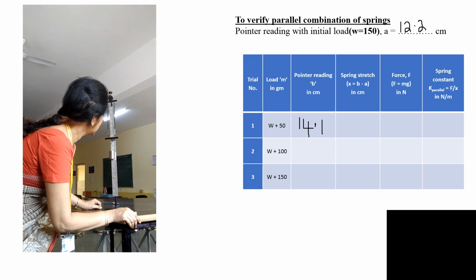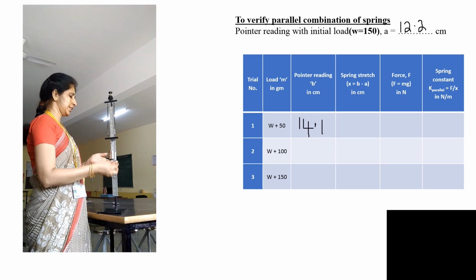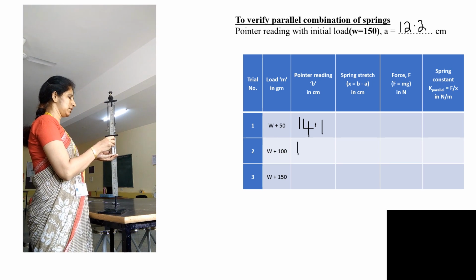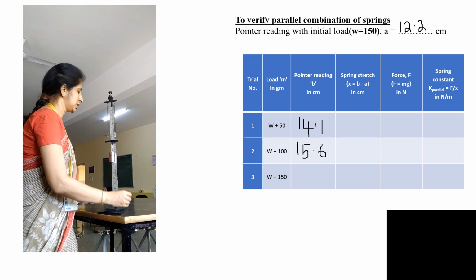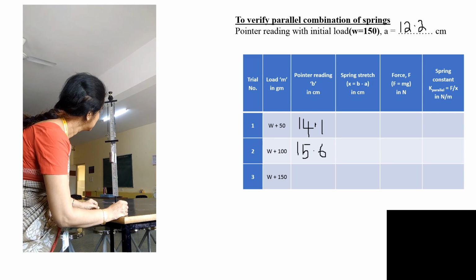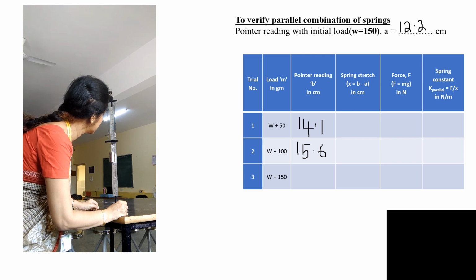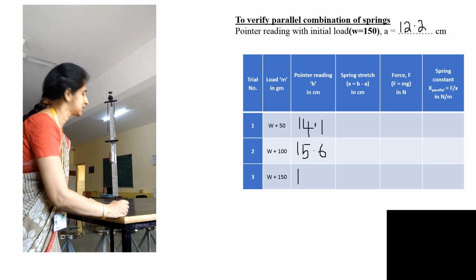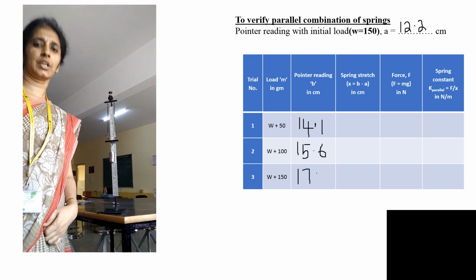The pointer reading appears to be 15.6. Let me put another 50 gram, so the total load is 150 gram and the corresponding pointer reading is 17.6 centimeter. So this is how we need to take the readings.